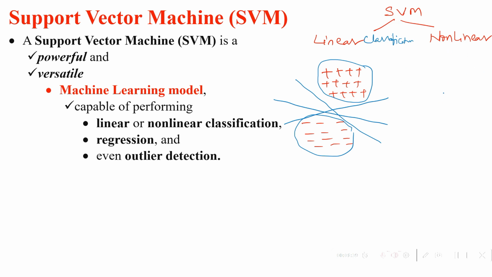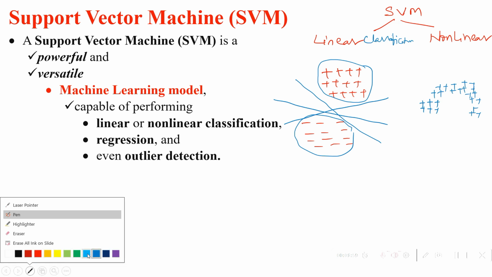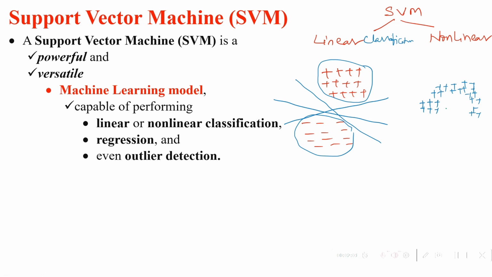One more technique is called non-linear classification. For example, here the data points are positive points and these data points are in a non-linear fashion.